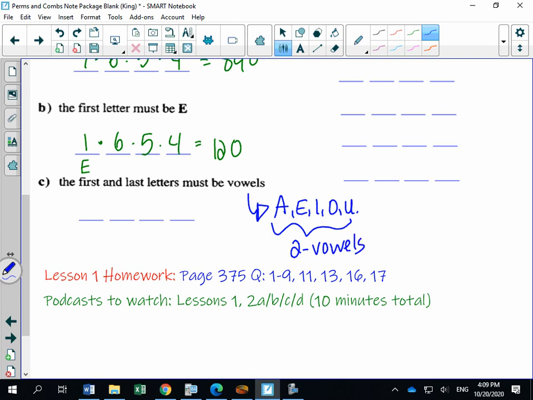Okay, they want the first and the last letter to be vowels. So I only had 2 vowels to choose from, right? So in my first stage, I have 2 choices there. It was either the E or the I. And once I use that letter, I only have 1 vowel left to go there. And then I have to say, okay, how many choices do I have over here and over here?